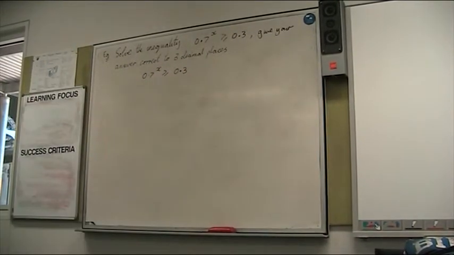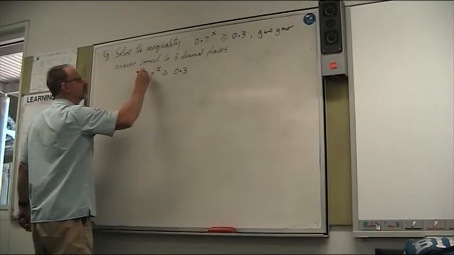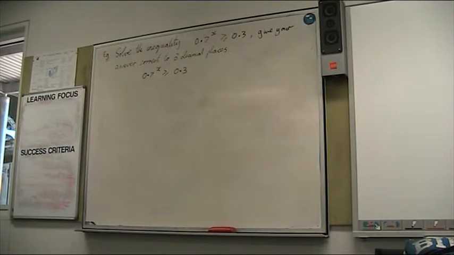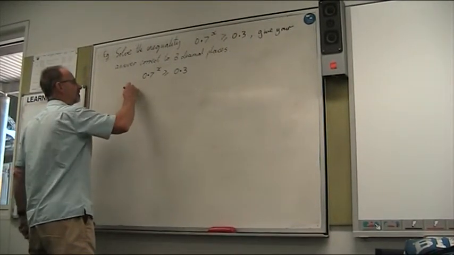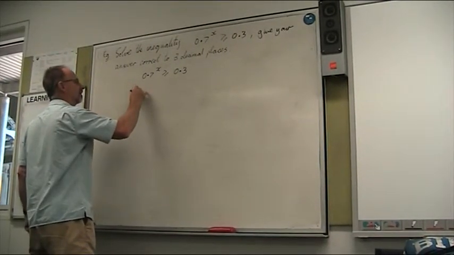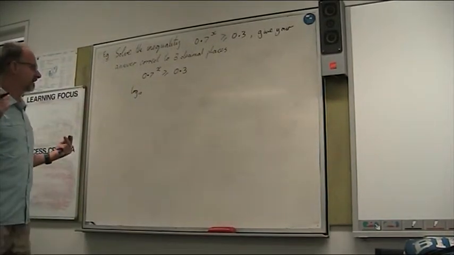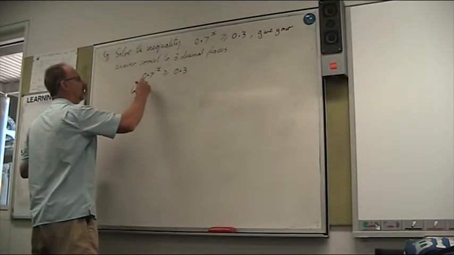In this case, our base number there with the x to the power of is 0.7. So it's not a whole number. Again, we're going to use the same technique we did before, taking log of both sides. And we can choose whatever base we like, essentially.